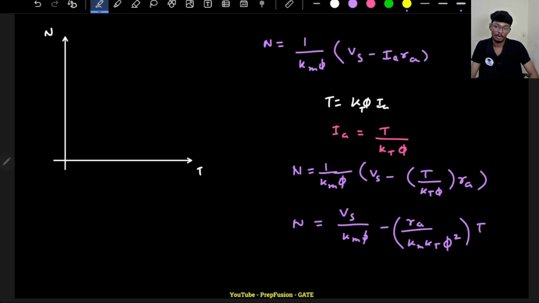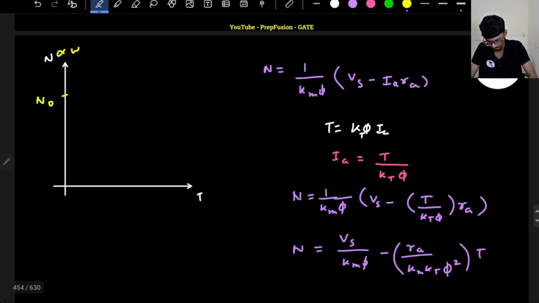Okay, now at no load, that is torque is 0, current is 0, so this is the no load speed n naught. This can be proportional to omega as well, the graph will be the same.